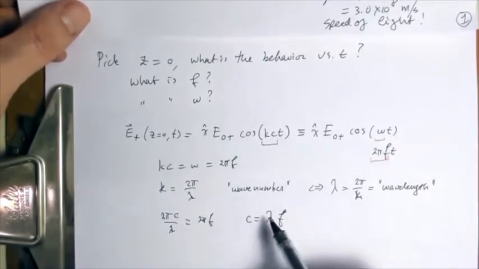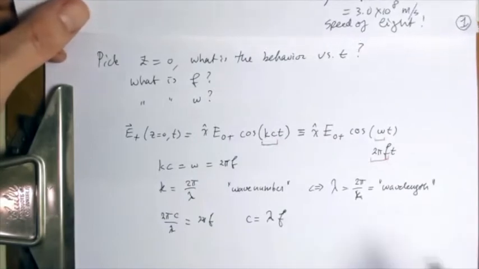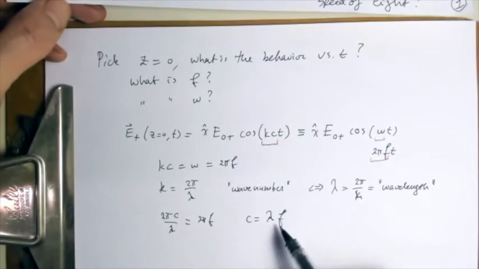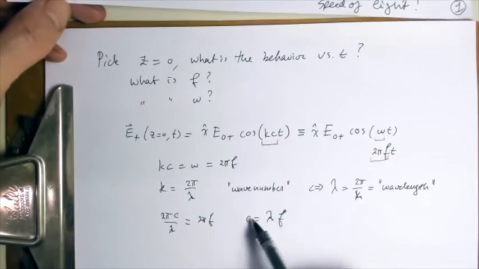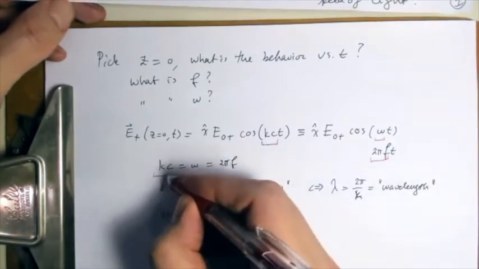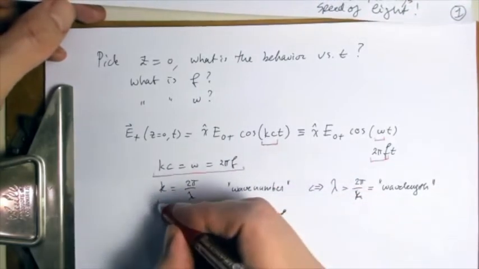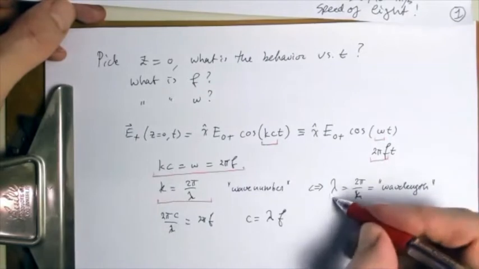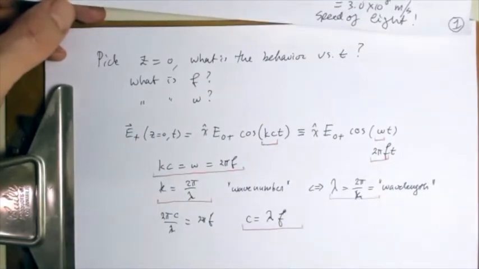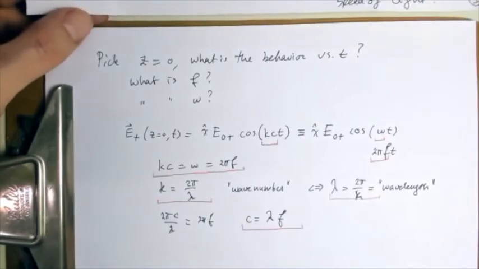This should be a well-known relation. For any kind of wave-like phenomenon, something that varies as a function of frequency and has a wavelength, it's going to give you this speed. So these are your central relations for electromagnetic waves in particular.